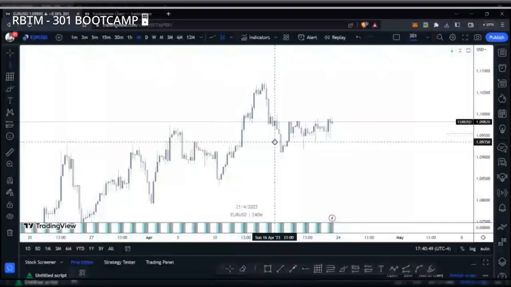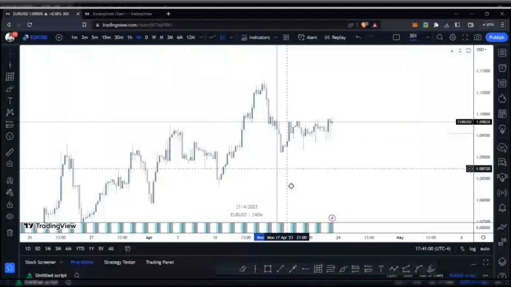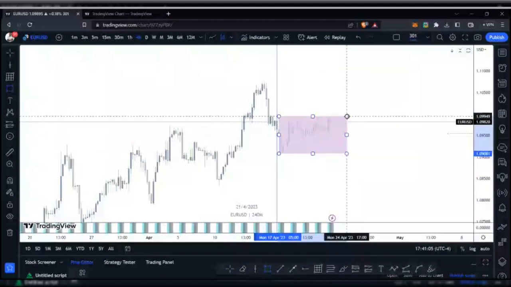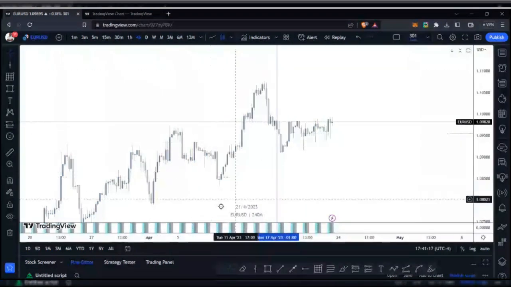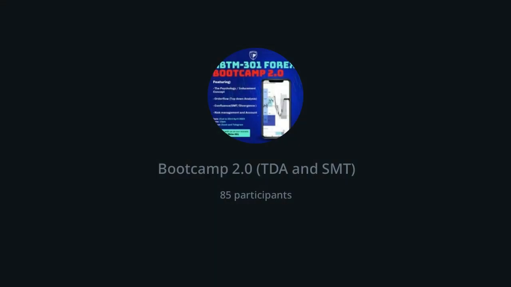All right, I think Monday started here. So this was Monday. Pretty much this week we had a sideways market. This is actually a range, but let's see what happened. I would have preferred the previous week because the market really trended a lot, but let's use this instead.